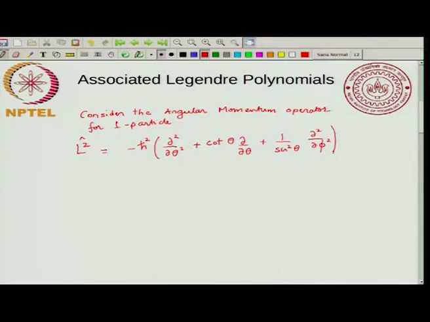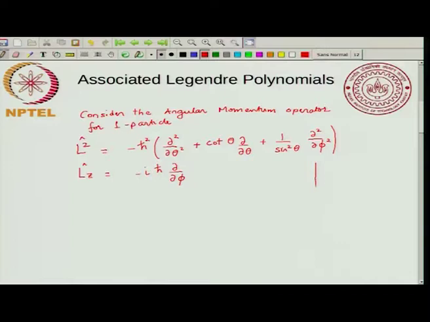This is the operator for the squared angular momentum, and the operator for the z component of the angular momentum is given by minus i h bar dou by dou phi.